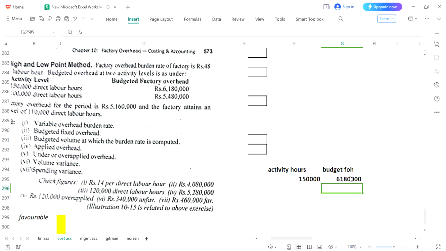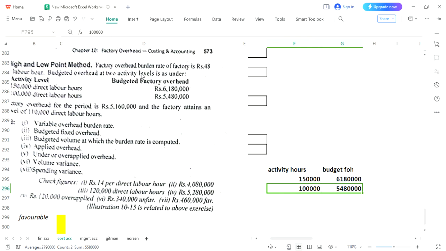And then if you decrease your level of working, level of production, from 150,000 to 1 lakh, your expense would also decrease to 54 lakh 80,000. So here you will be calculating the difference. If it is variable cost and you calculate any rate from here, what would that rate be?